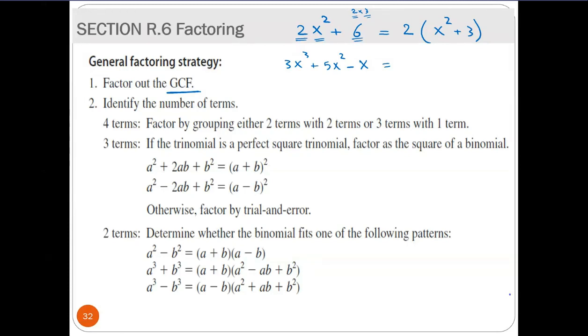We don't have any common factor between them. But we have x to the power 3, x squared, x. So the greatest common factor here, what the value of x? Is x or x squared or x to the power 3? x.